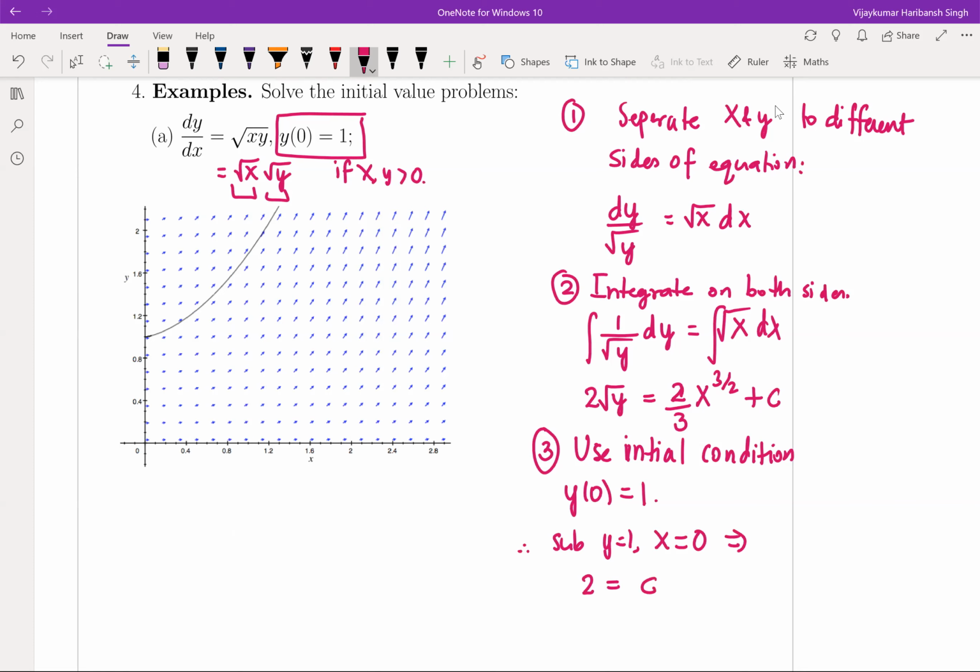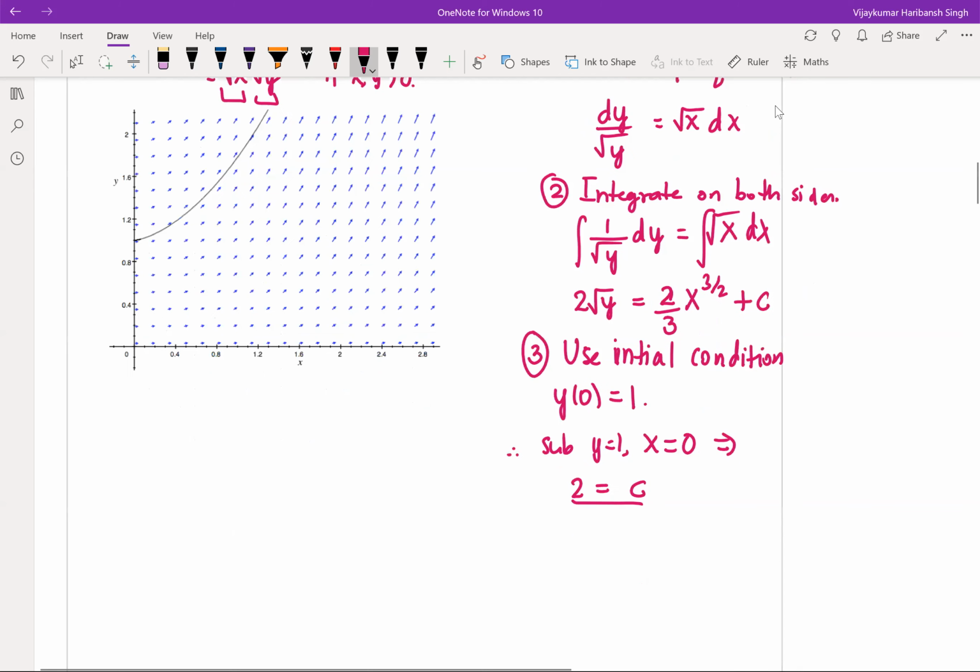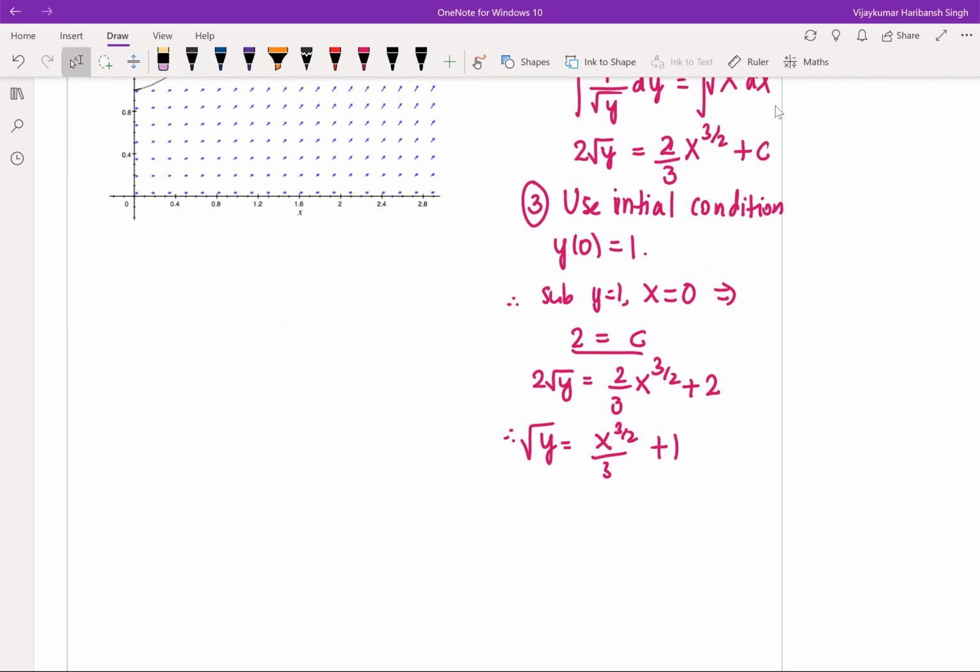When you put it back in the equation, you get 2 times square root of y equals 2/3 x to the power 3/2 plus 2, or y equals x to the power 3/2 divided by 3 plus 1. And then if you square both sides, you get y equals (x to the power 3/2 divided by 3 plus 1) squared.